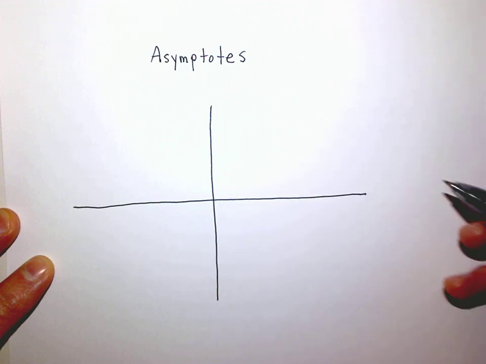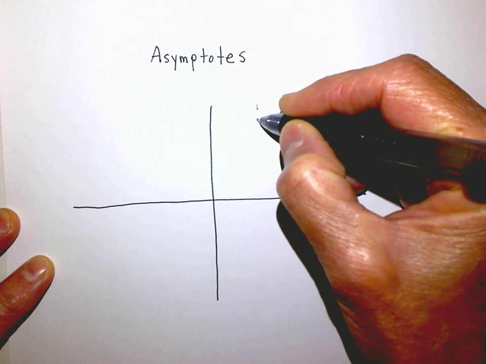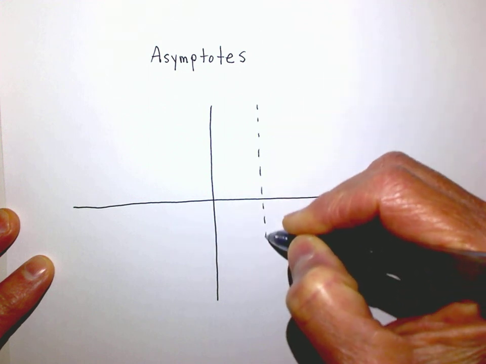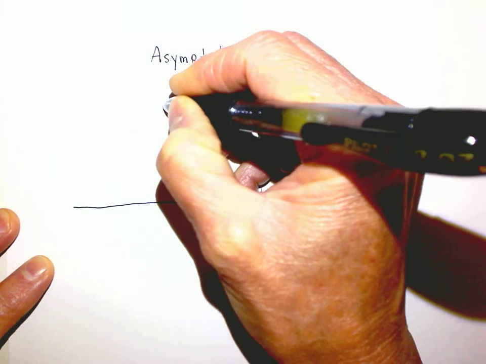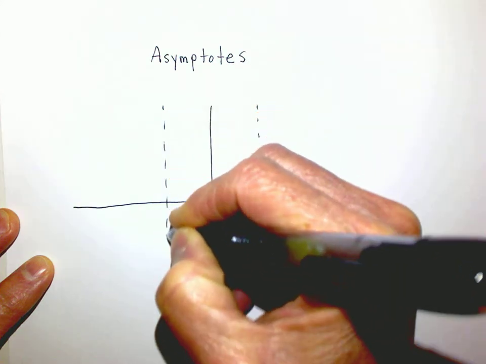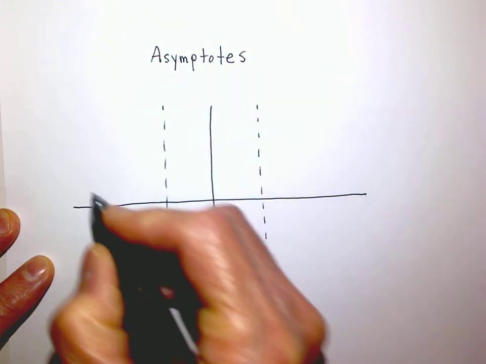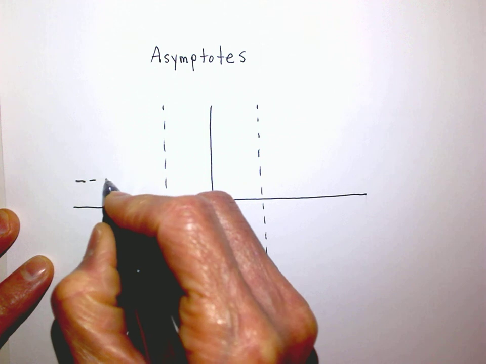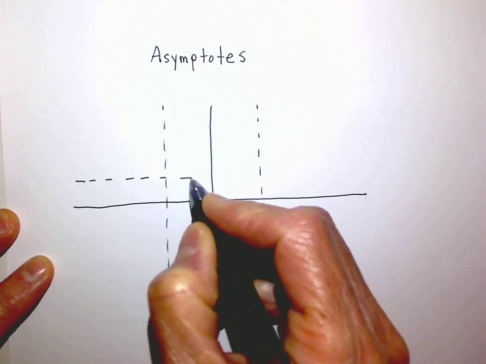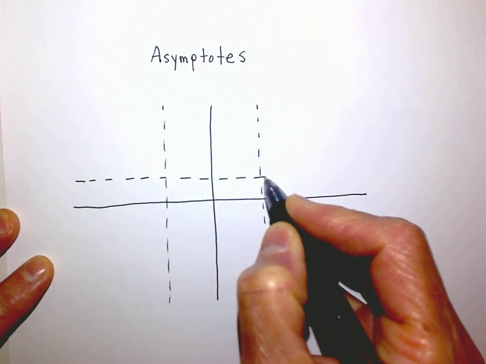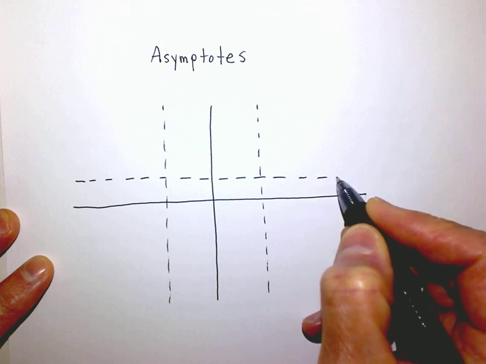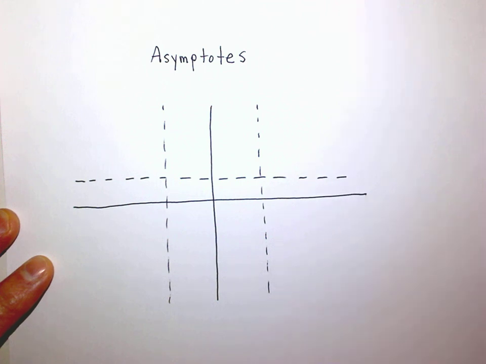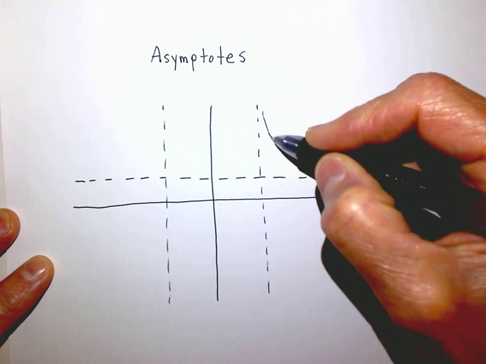I can have vertical asymptotes, I can have horizontal asymptotes, and a graph that had these asymptotes may look something like this.